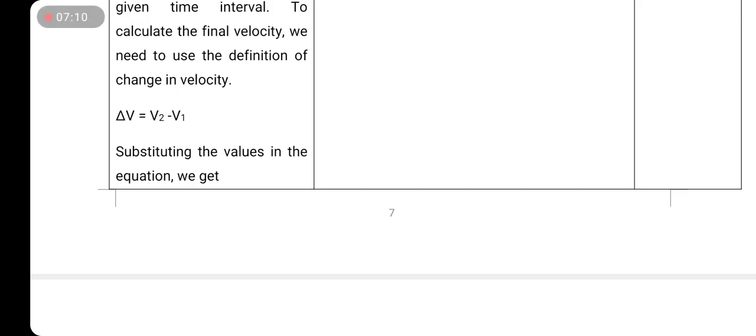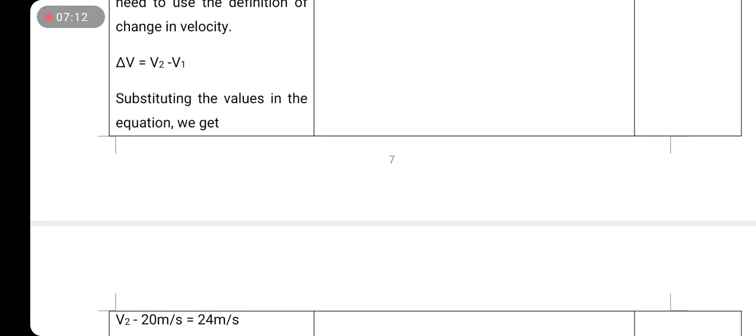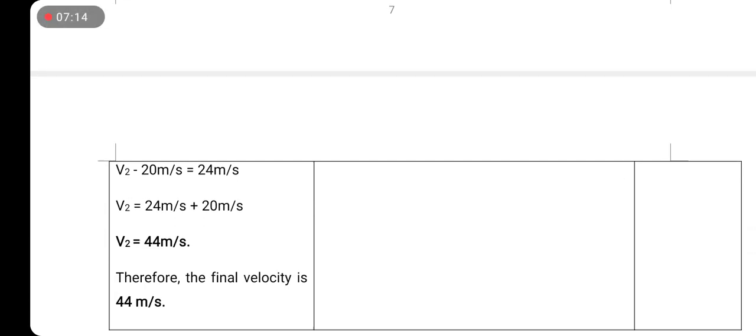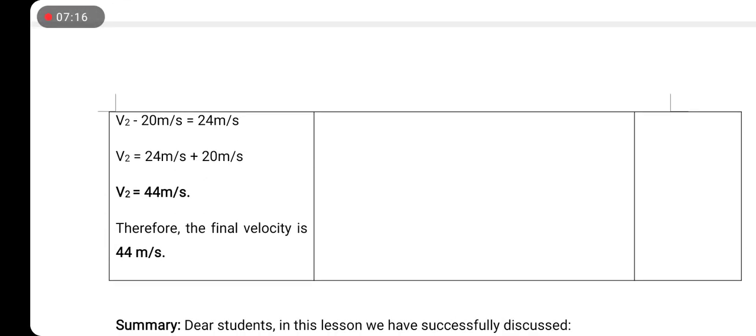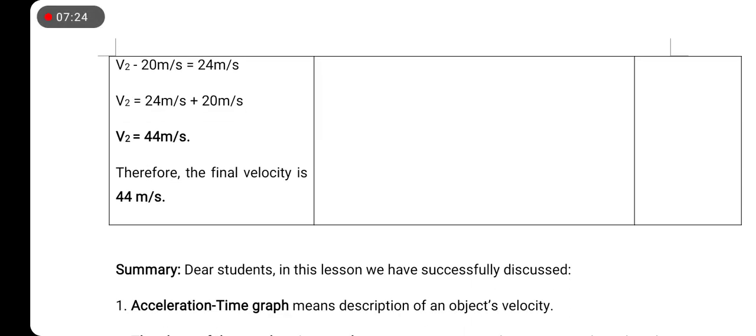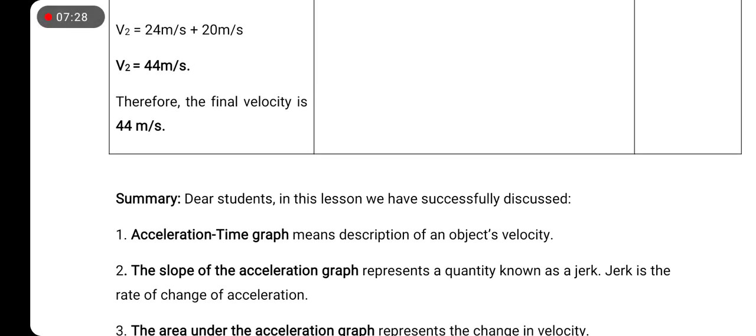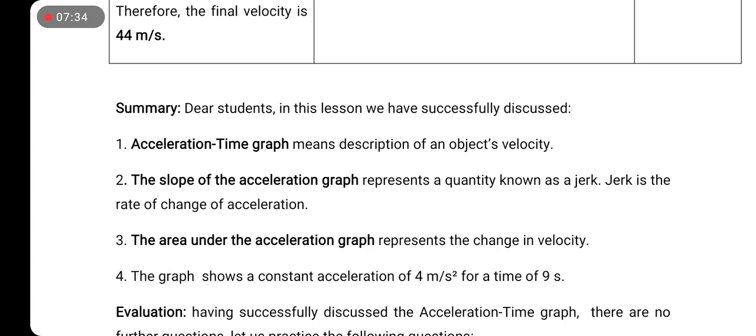Delta V is equal to V2 minus V1. Substituting the values, we get V2 minus 20 meters per second is equal to 24 meters per second. V2 therefore is equal to 24 meters per second plus 20 meters per second, which is equal to 44 meters per second. Therefore, the final velocity is 44 meters per second.